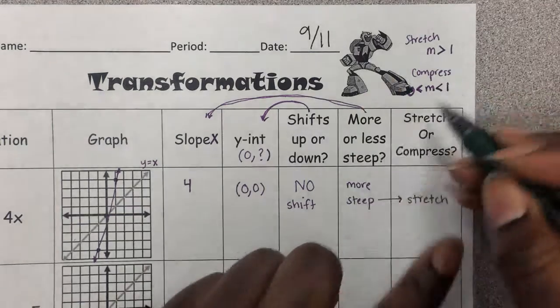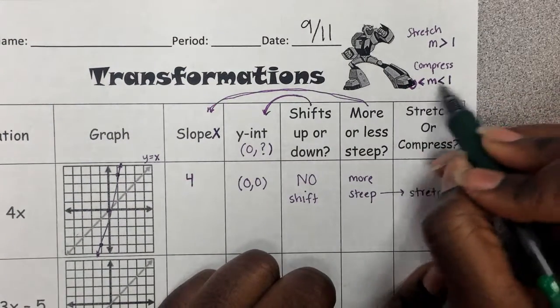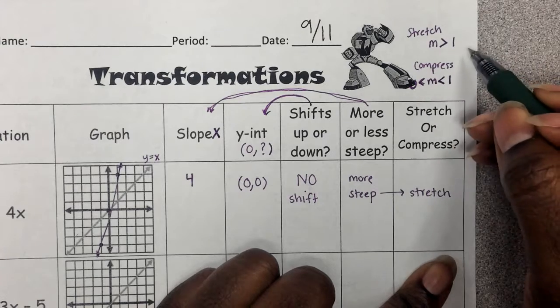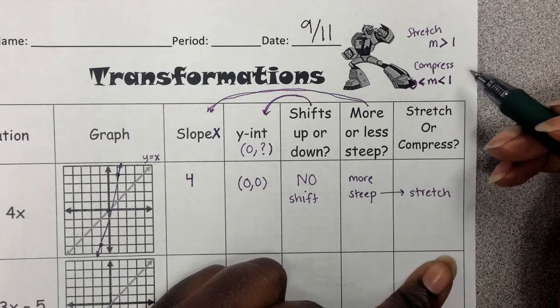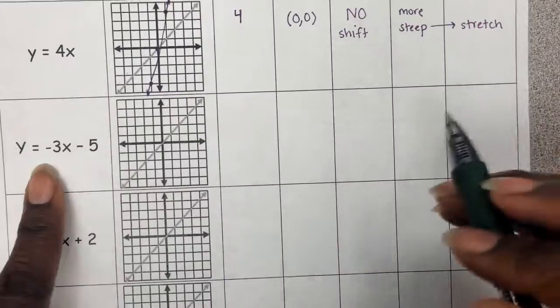I know that notation looks a little bit weird to you, but remember this means it's in between 0 and 1. M means it's greater than 1. However, you cannot look at the negative, and we'll talk about it in the next one.